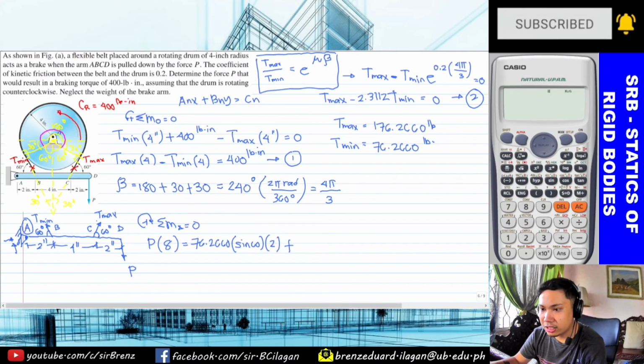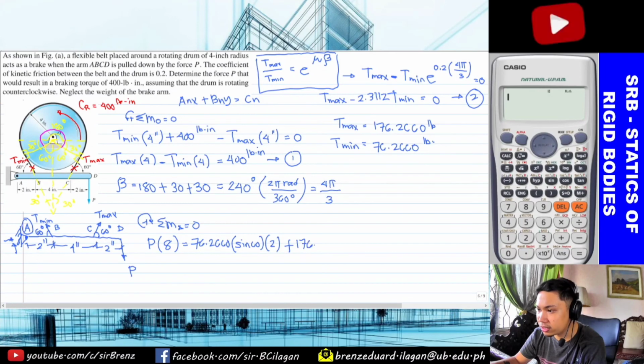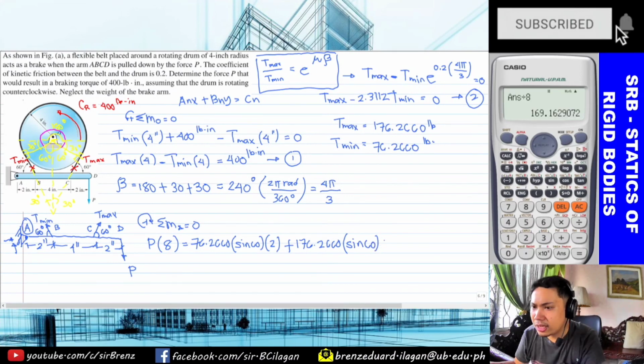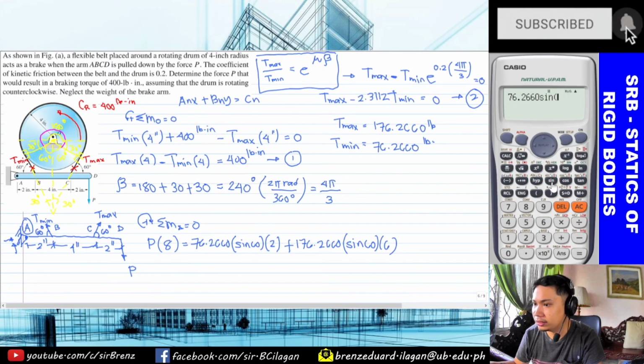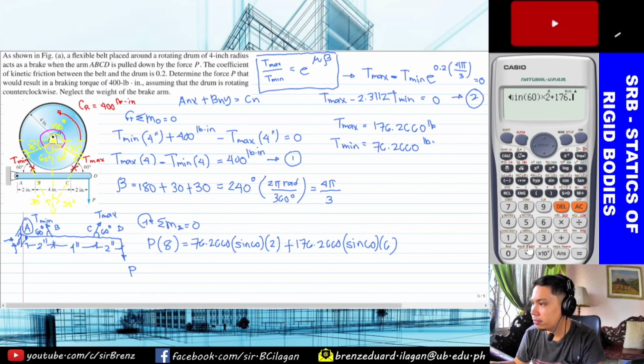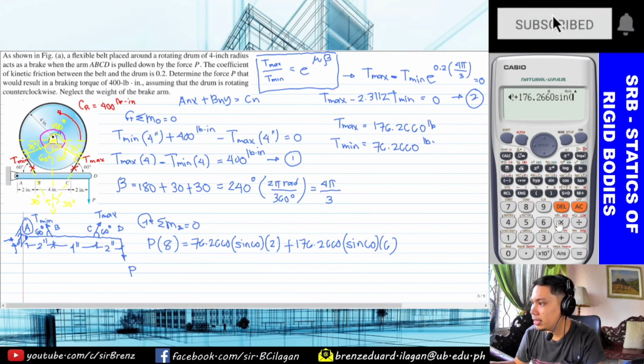Okay, we're done with that. Next is the T max. We do the same thing, guys. 176.2660. Just take the y component, multiply by sine 60, and then times 6. Okay, let's press it on the calculator. 76.2660 sine 60 times 2 plus 176.2660 sine 60 times 6, and then divided by 8.